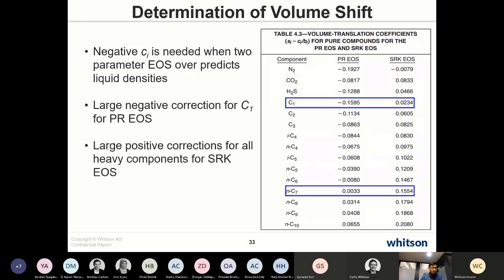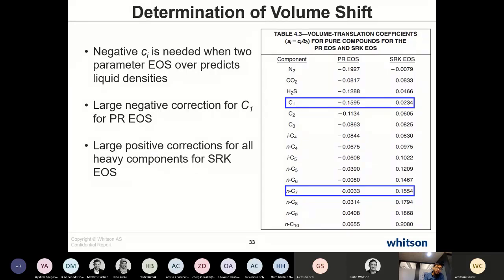Yeah, so here we will just see how the volume shifts look for Peng-Robinson and SRK equation of state models, and that's also something that we have seen before. If we look at the Peng-Robinson equation of state model, and these volume translation parameters here, what you see is that methane has a very high negative correction.